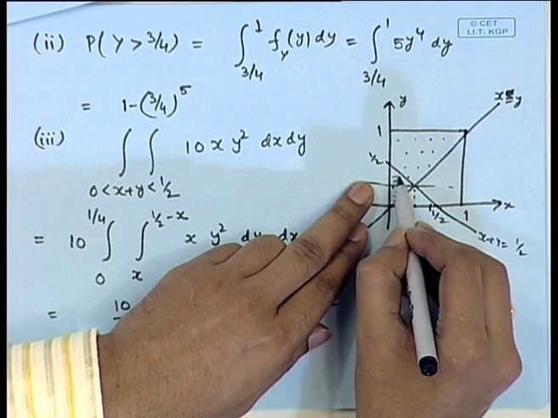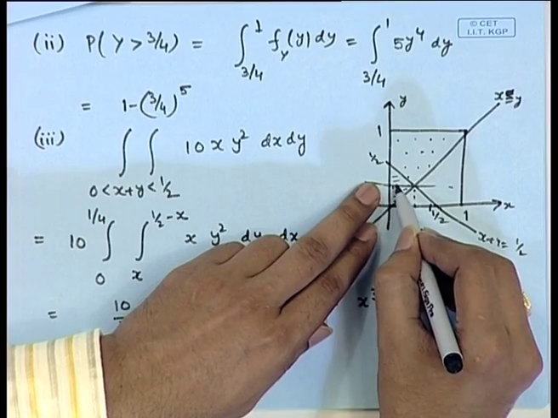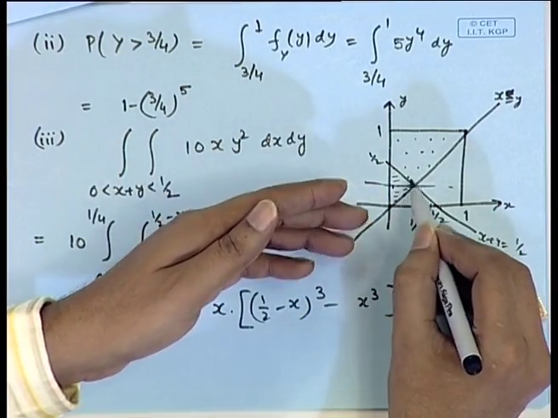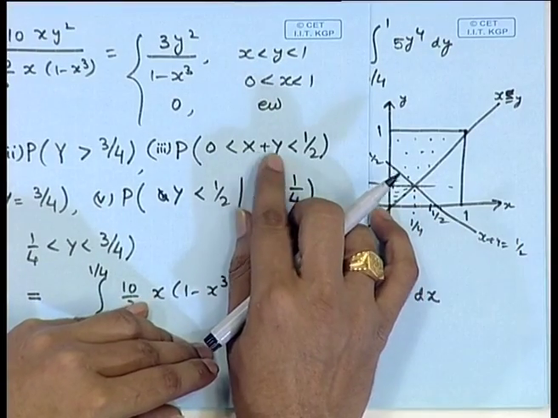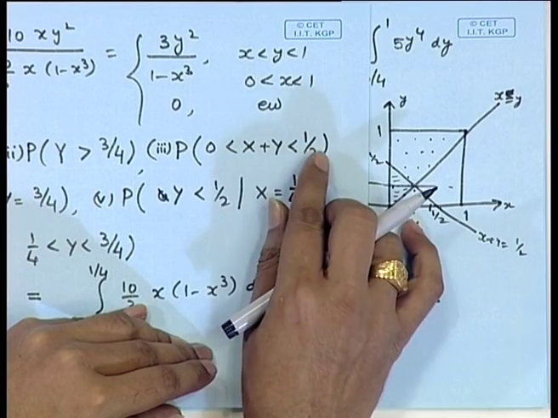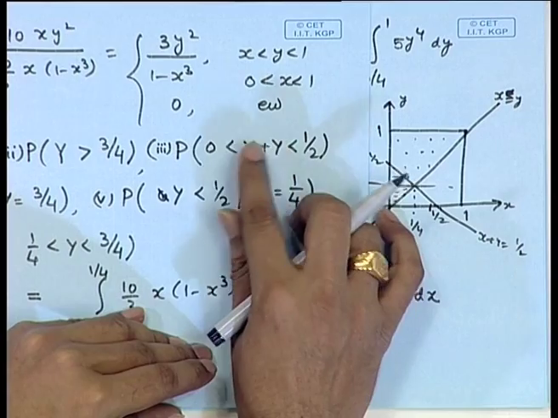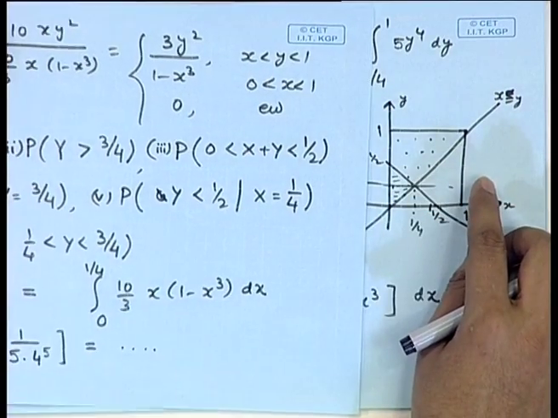In this portion x is from 0 to half minus y and y is from 1 by 4 to half. If we do not see this region carefully, then we might have integrated from, say, 0 to half minus y for x and then for y between 0 to 1, and so on. That would have been a wrong region here.